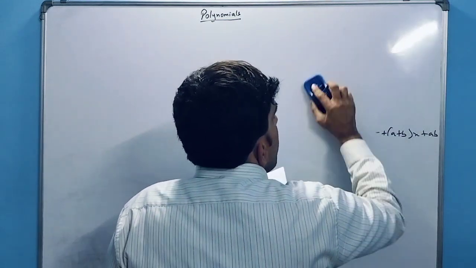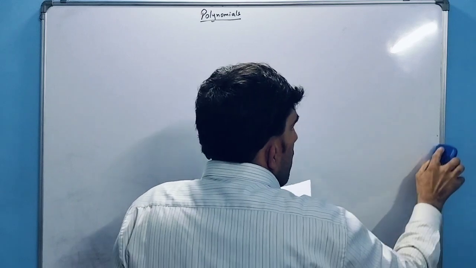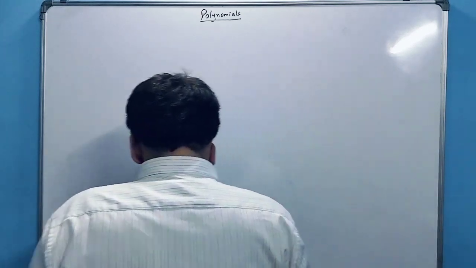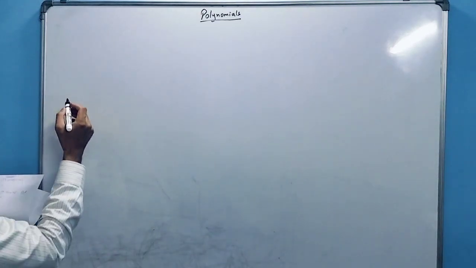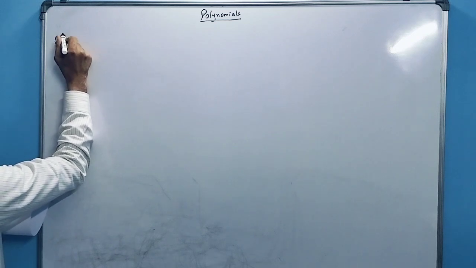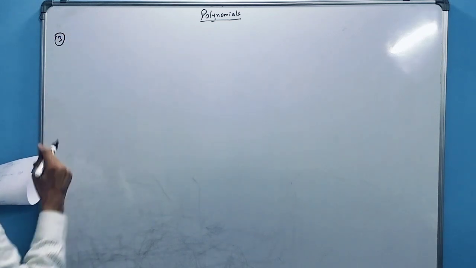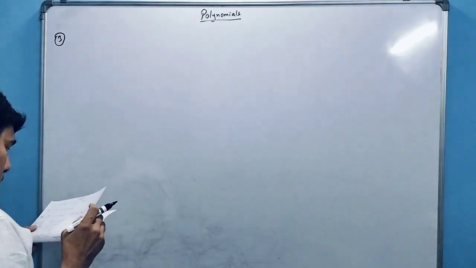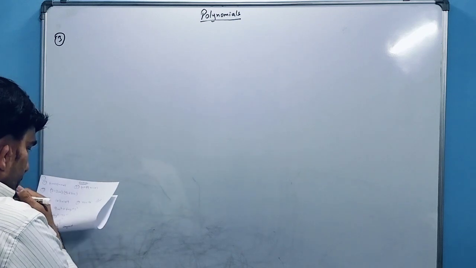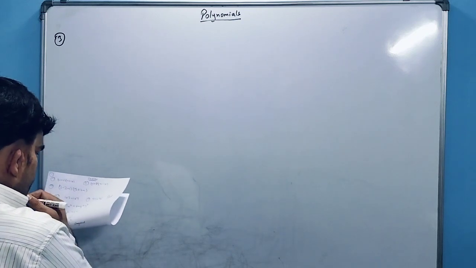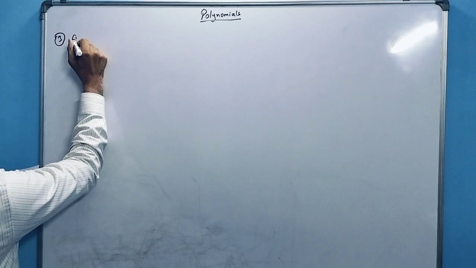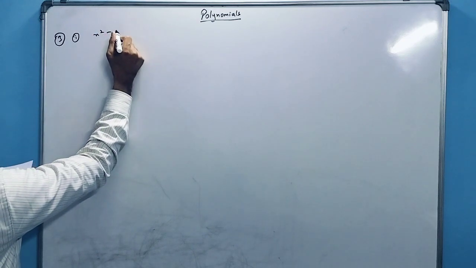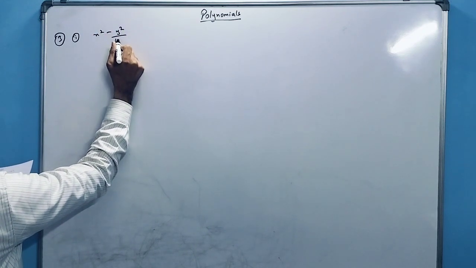Now the third numerical. The third one is we need to use the identities and factorize. Okay, now they have given first one, x square minus y square upon 100.